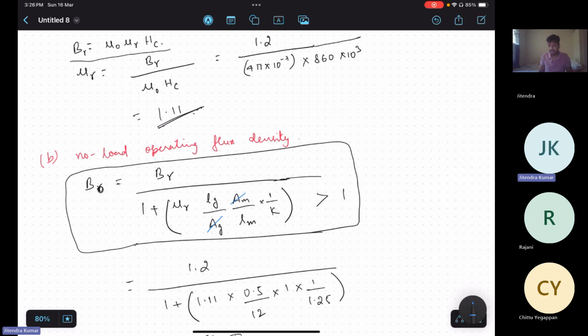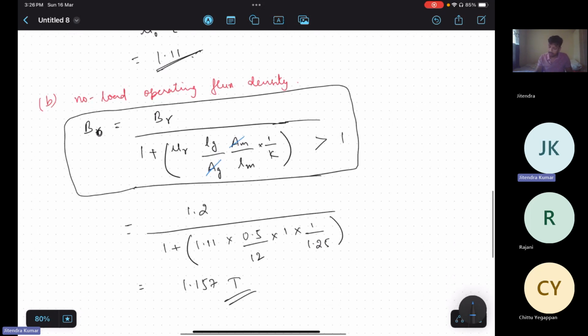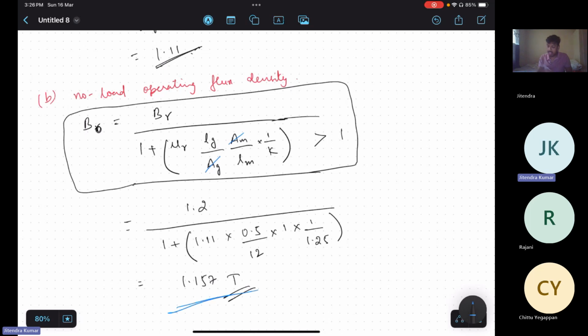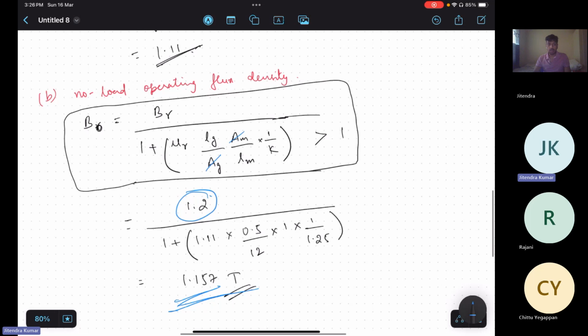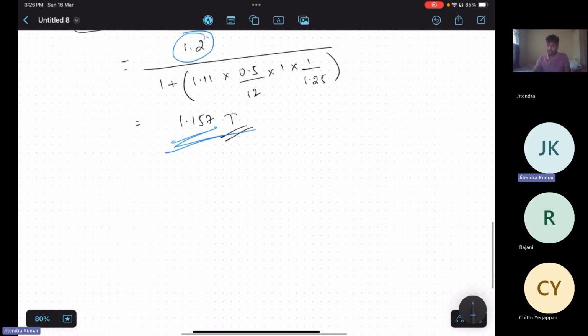So we have only Br divided by 1 plus mu r Lg by Lm into 1 by K. We plugged in all those values and got 1.157 Tesla. You could see that this value is less than 1.2 Tesla, which is the remnant flux density. Now you got the concept behind it. Yes, sir. Okay, great. So let's move on to the second part, third part actually.